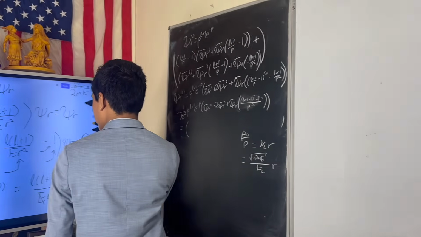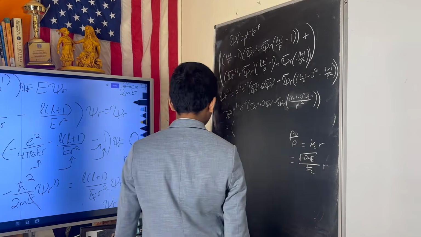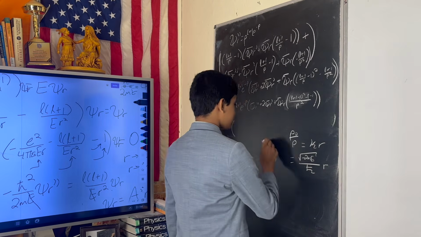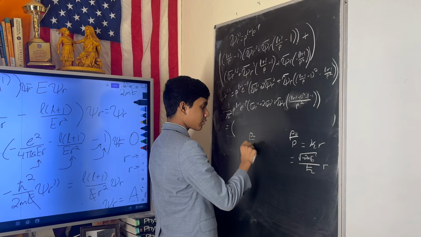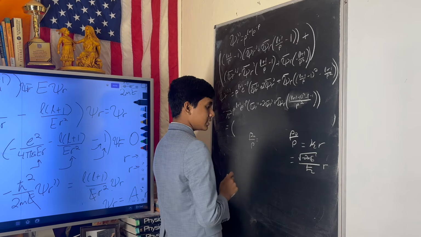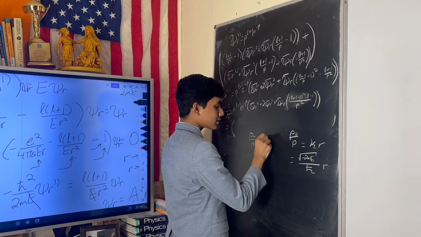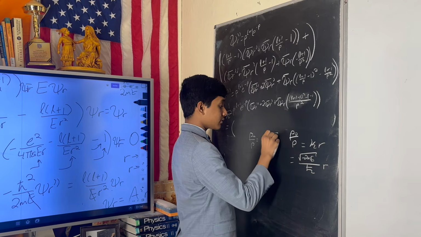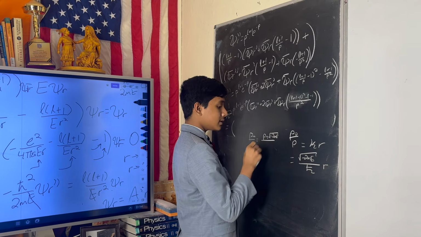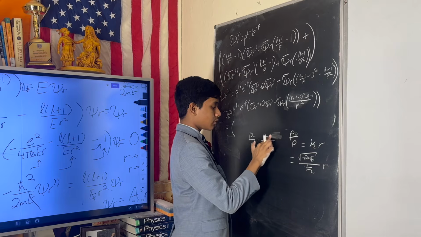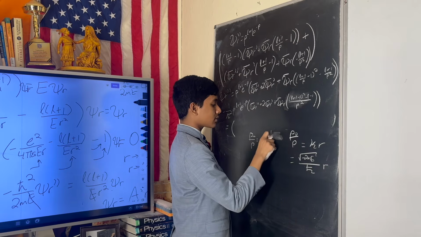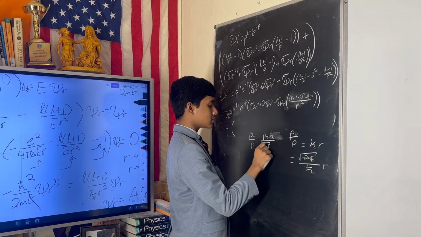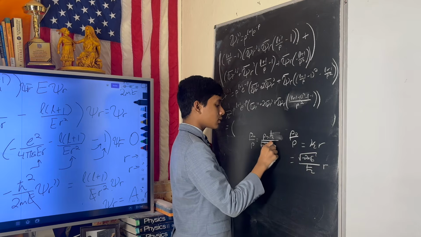So now, how do we transform this into something that we want? Well, rho naught over rho is just going to be equal to rho naught over rho naught times the square root of minus 2me, rho naught times h bar over the square root of minus 2me r.